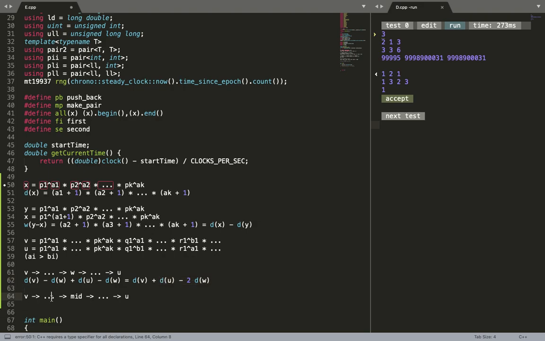So let's say that the GCD of v and mid is g1, and the GCD of mid and u is g2.